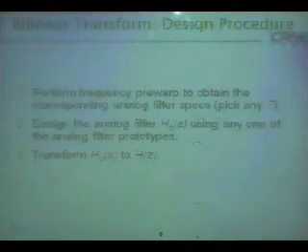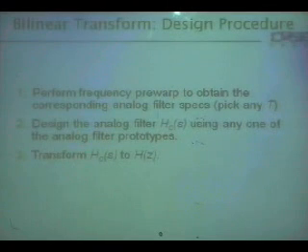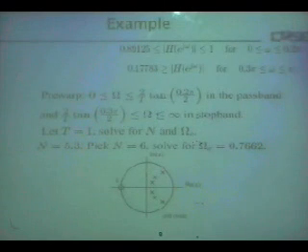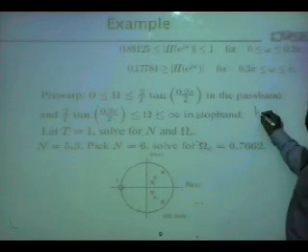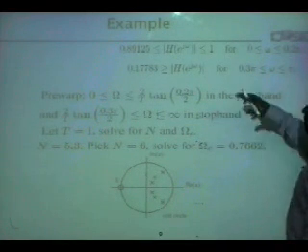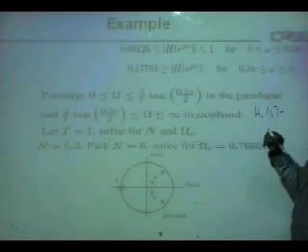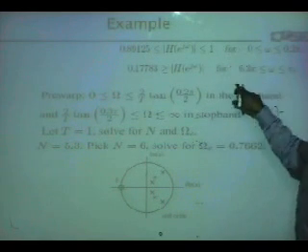So if I show you the same example which we did earlier, so what do you get? You get poles and you get an HC of S. Okay? So once you do the Butterworth filter design, the only difference here is the same design example.